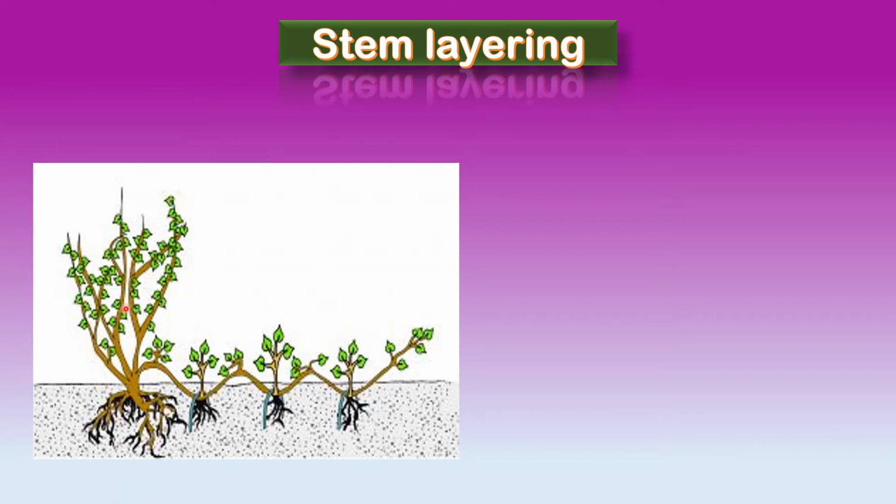Now you can see many stems here. But one stem you can see is bending towards the ground. Now children, when a stem bends towards the ground like this and it touches soil, you can see here this part of the plant touches soil.